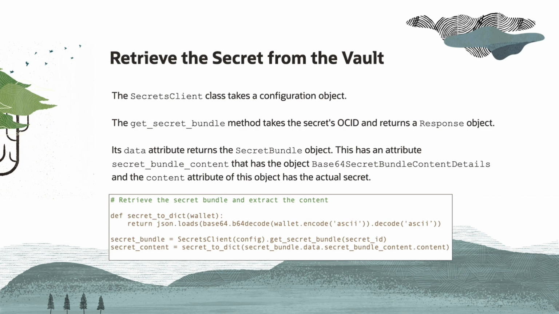That returns back to us a secret bundle, and then as I described above, it takes the secret bundle, calls data, calls secret_bundle_content, and passes that information into the secrets to dictionary. And this is going to return back to us a dictionary of all their secrets.